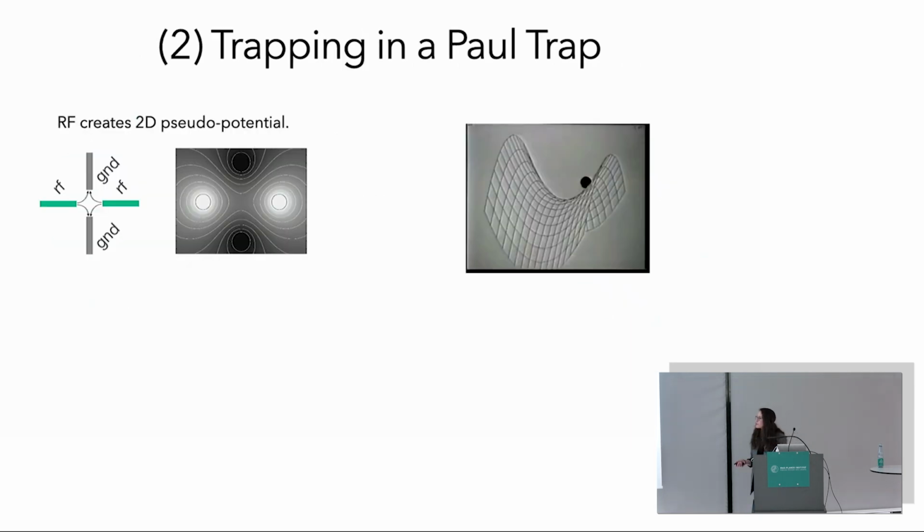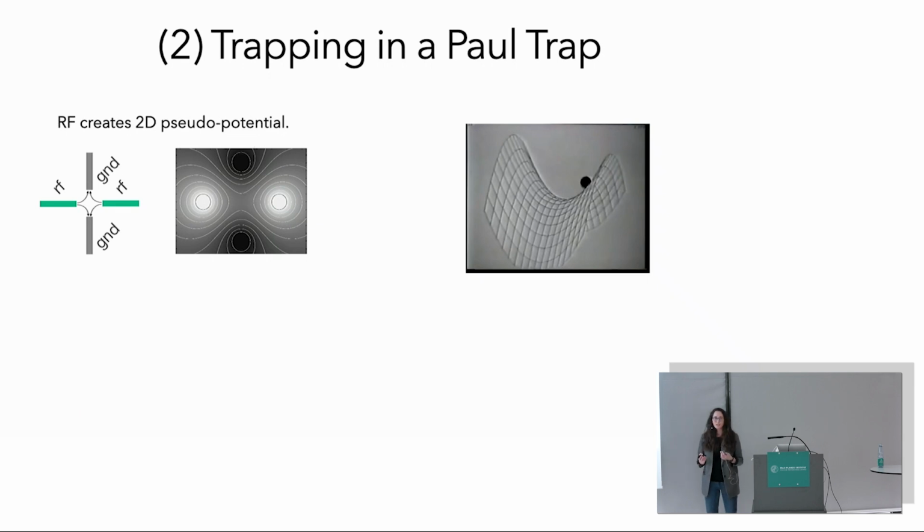And then once we have that, we can trap this ion in electric fields. If you remember from E&M, you can't create a fully trapping potential just with static electric fields. But if you use an RF potential, if it's moving faster than the movement of the ion, you can create this pseudopotential.